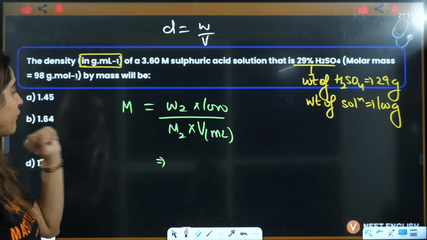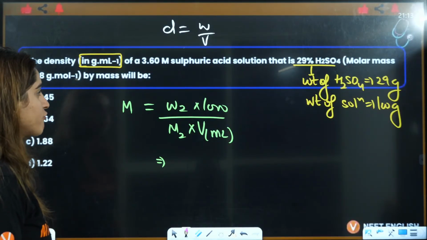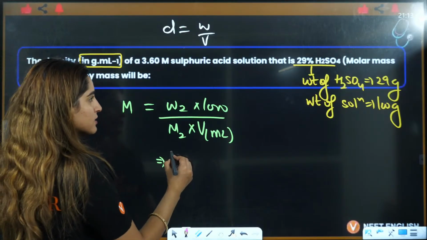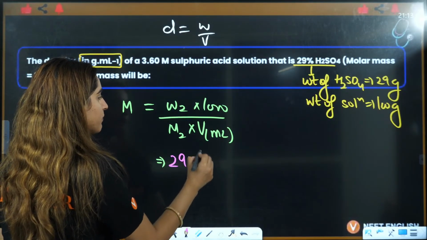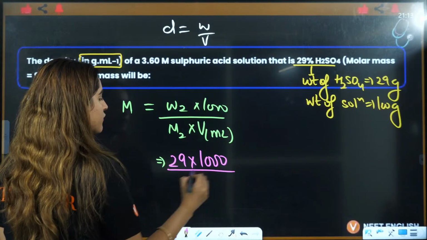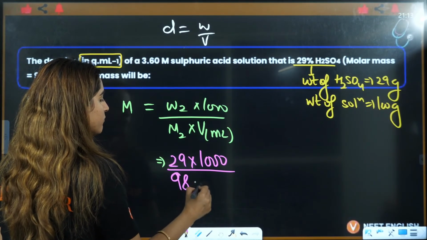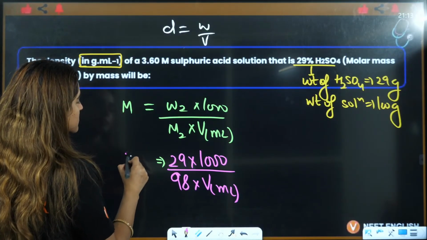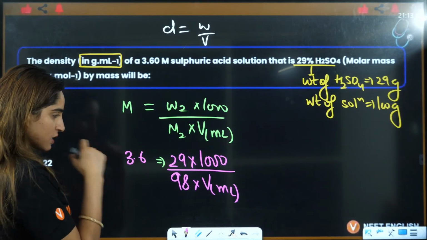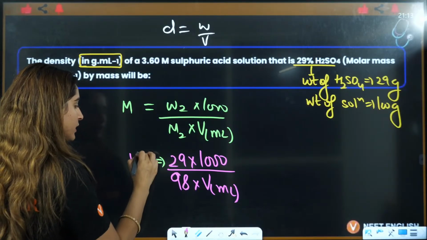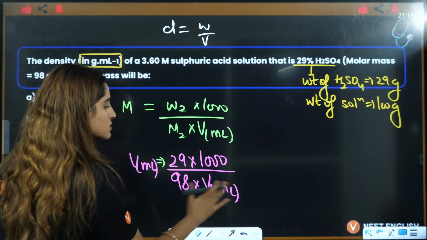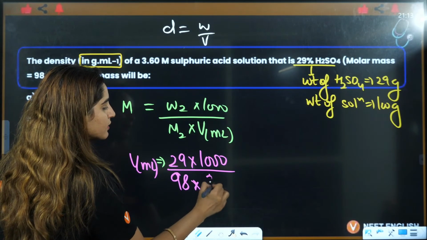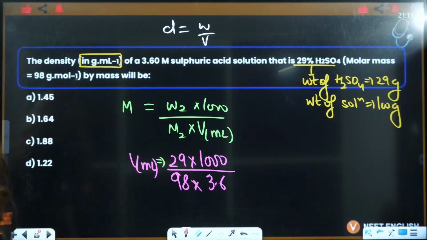Because if you see the weight here, weight you can put here, that is 29 multiplied by 1000 divided by 98 multiplied by volume in milliliter multiplied by, this is 3.6, right? So you can calculate the volume in milliliter, you can divide it by 3.6, right? Now let us see if we are able to get it or not.